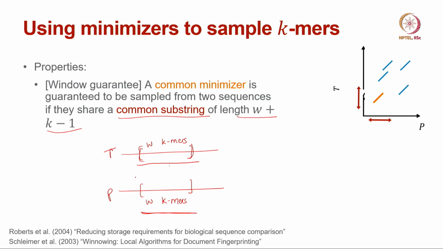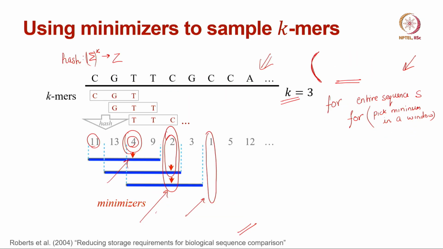So, if the minimum value selected here is this, then the same k-mer will be selected as minimum here, and that guarantees us that we will consider the exact match between these two regions. So, we will not miss a match between these two common substrings of T and P, and that is important, because if there is significant similarity here, then we want to make sure that we have matches, because ultimately we are going to use these matches to do the alignment.